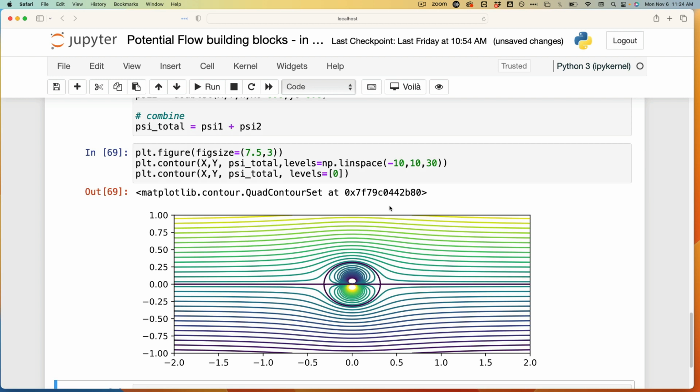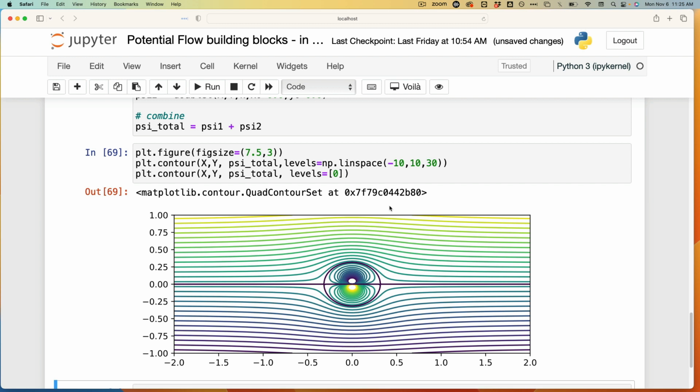It's right on that doublet, which looks like a cylinder. There's a bunch of contours inside it, but we don't care about those, right? Again, potential flow is very visual. You can choose any streamline and say this is my wall. In this case, with the doublet, there's one nice streamline around it.